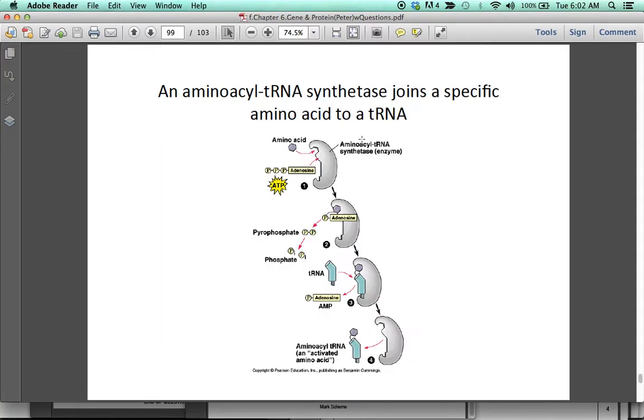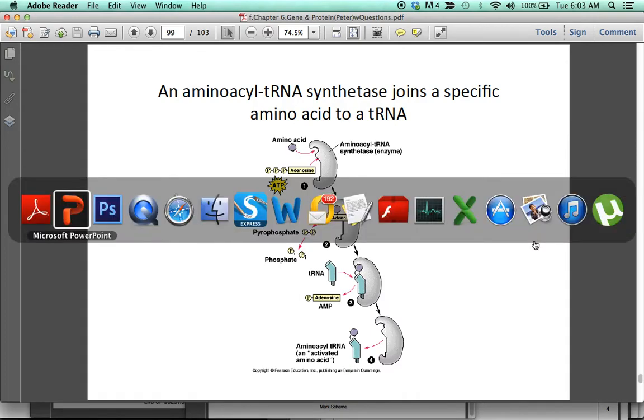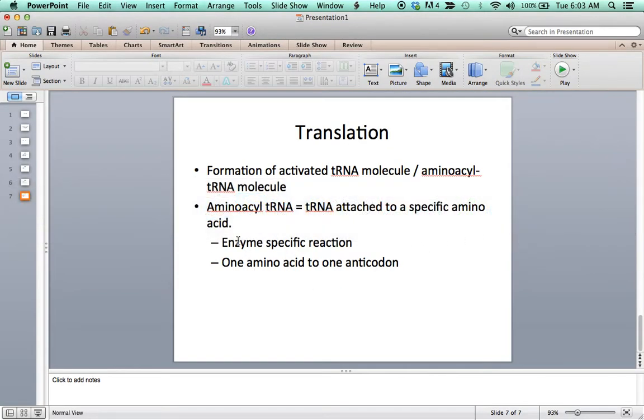The enzyme aminoacyl tRNA synthetase facilitates the joining of a specific amino acid to a specific tRNA molecule. You must know this very well and be very clear that each tRNA molecule must carry a specific amino acid, and this must correspond accurately to the anticodon that they carry. So this is how the aminoacyl tRNA is formed.